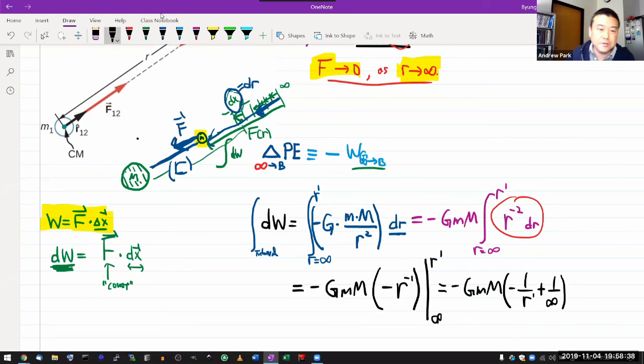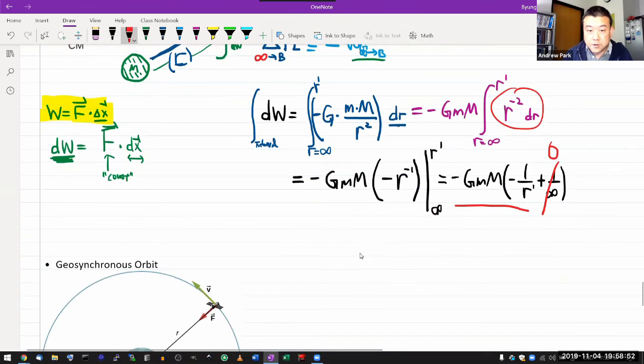However you write it, the end result is that this term is 0. So I have this quantity here, which has 2 minus signs. Those 2 minus signs cancel out, and I end with the following expression as my result: G times the product of the masses divided by r prime, the distance where you end up.